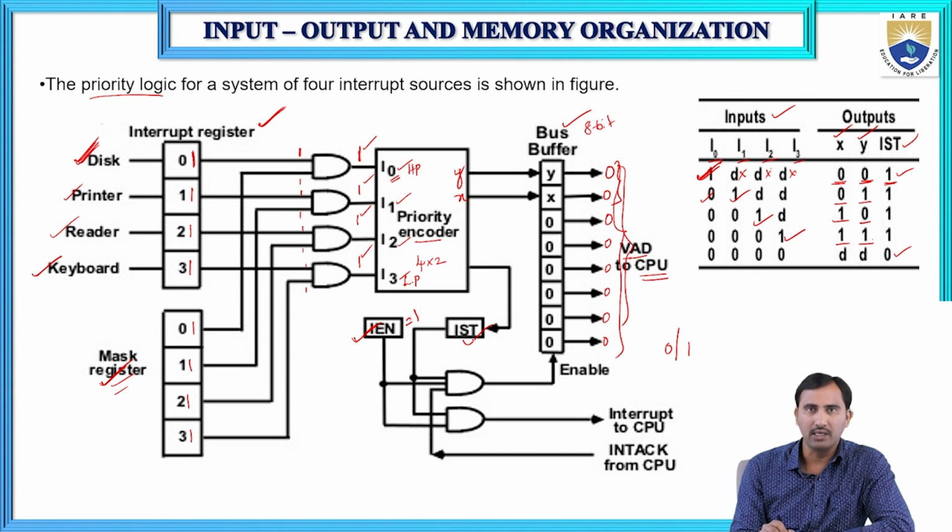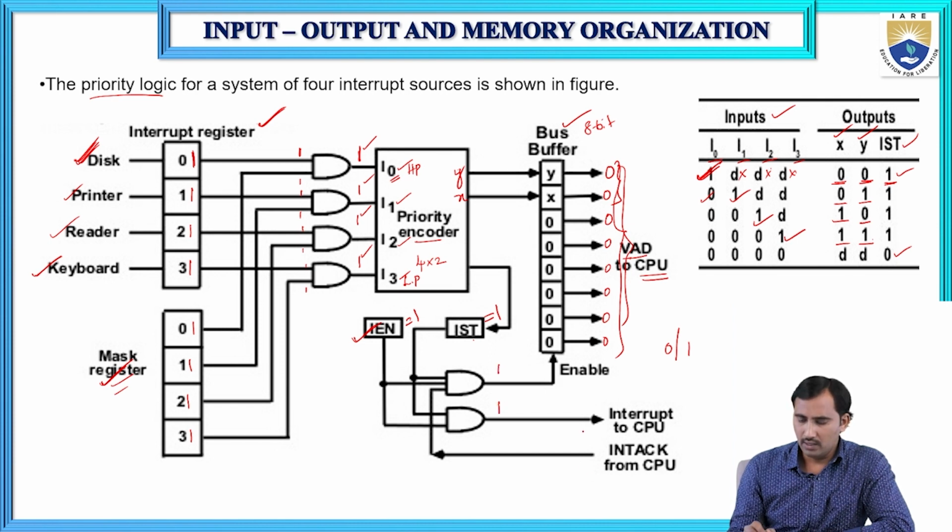And similarly IST. If an interrupt is generated, then IST becomes 1. If no interrupt is generated, then IST will be equal to 0. So here, as the interrupt is generated, IST is equal to 1. So finally the output will be 1, 1.